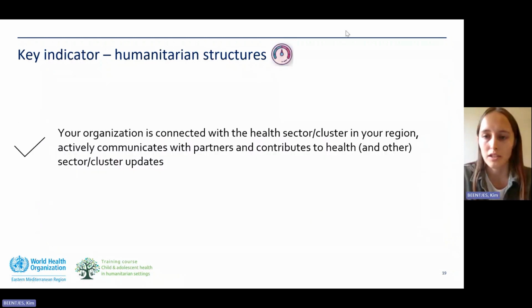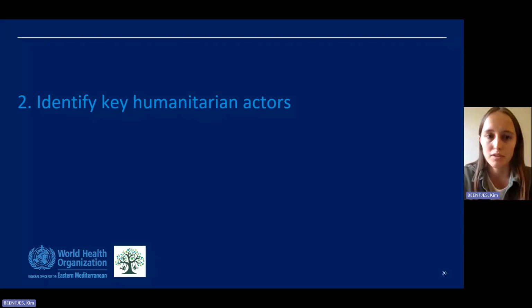Linked to this, we have one key indicator with which you can measure if you're doing this. This is your organization is connected with the health sector or cluster in your region and actively communicates with partners and contributes to health and other sector or cluster updates. I will then move on to the second part, which is identifying key humanitarian actors.